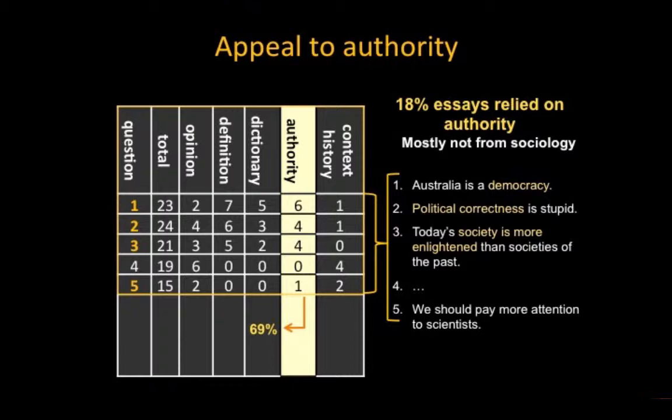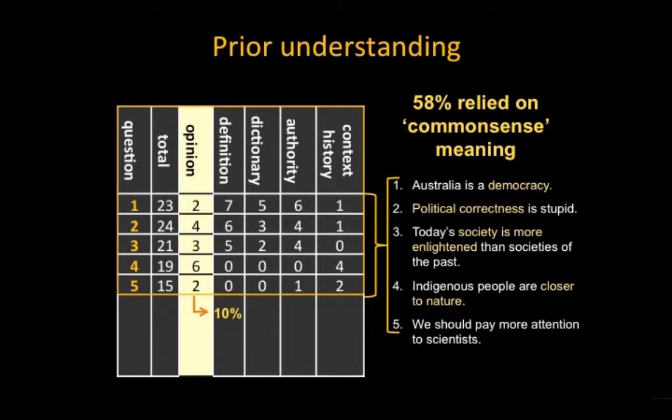And so 12% of the ones relying on definitions relied on opinion, 41% relied on authorities, and 47% relied on dictionaries. So these are the dependent relations between things, not the raw count.